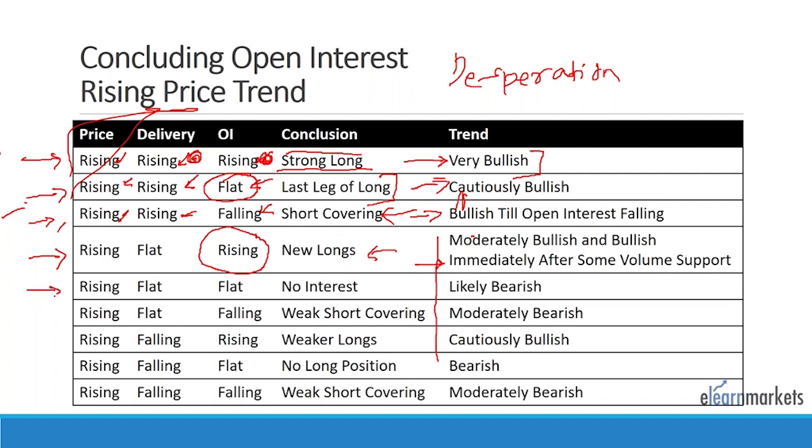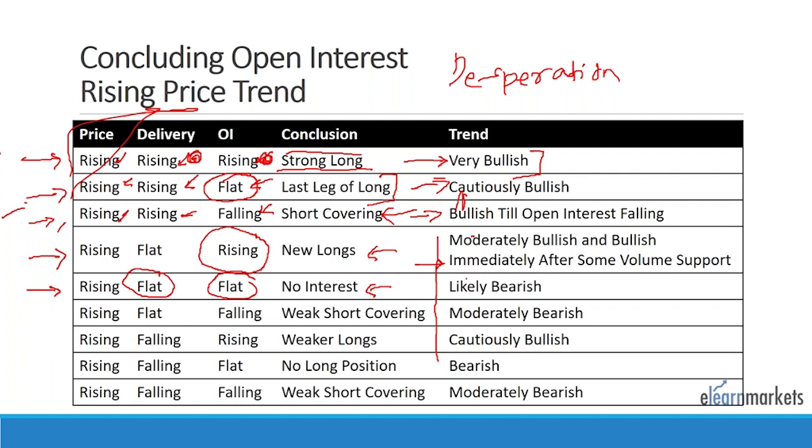Then you have price rising, delivery is flat, and open interest is also flat. That means not many people are interested in that increase in price. This is a typical case where the operator is trying to show you something, and this is a place where your technical analysis will fail, because technical analysis typically will give you a bullish indication because the price has gone up.